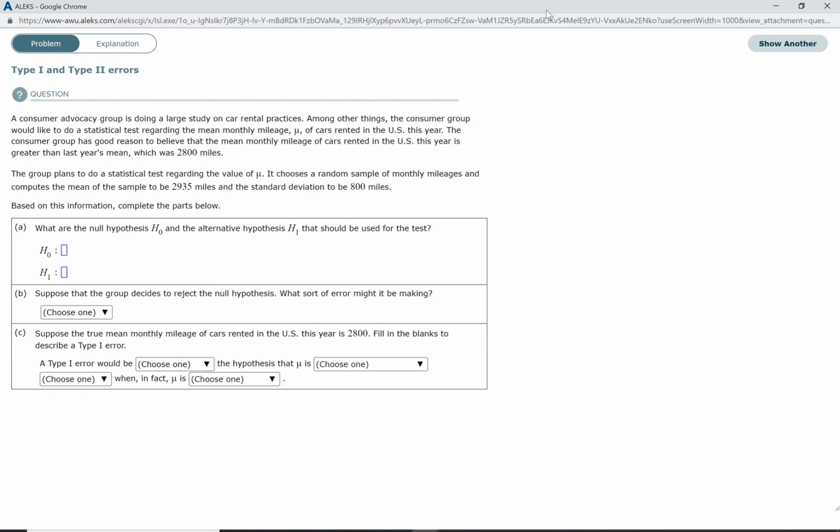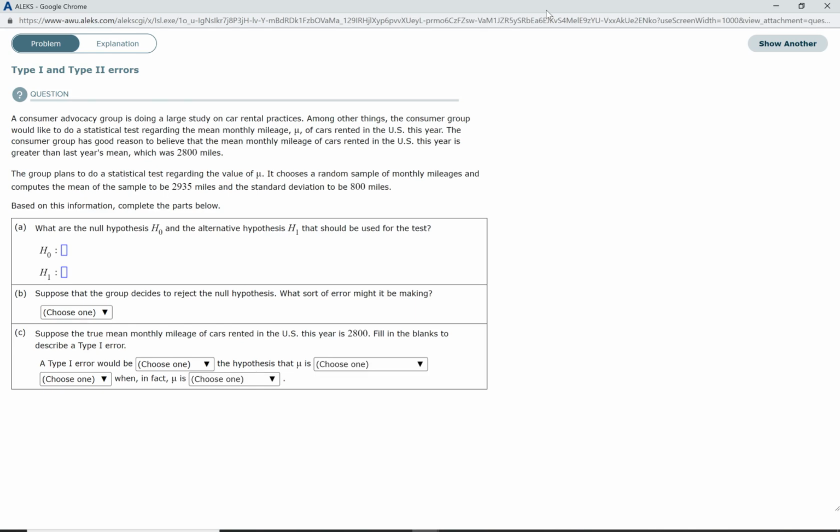This question begins with a consumer advocacy group doing a large study on a car rental practice. Among other things, the consumer group would like to do a statistical test regarding the mean monthly mileage mu of cars rented in the U.S. this year.